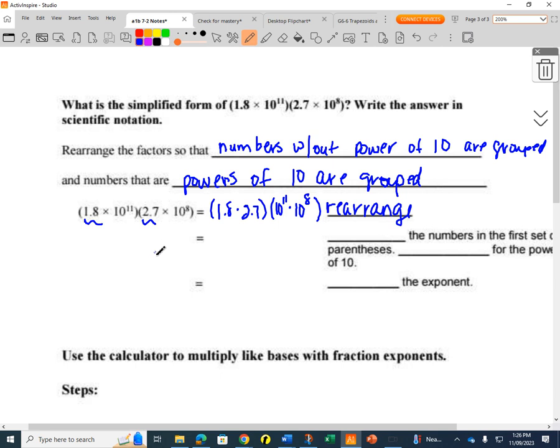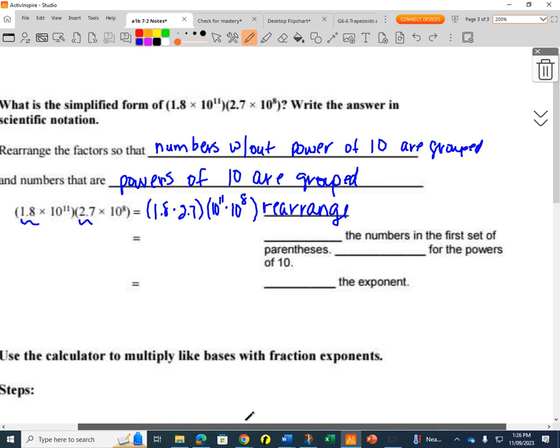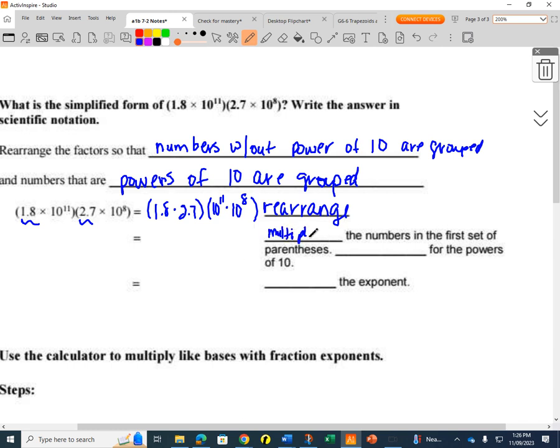So the next thing we're going to do, we're going to multiply the numbers in the first set of parentheses. So 1.8 times 2.7 equals 4.86.